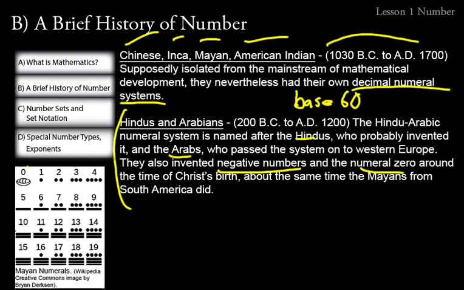Here we can see it in the Mayan system, who, even though they were a continent away, developed the number 0 about the same time as the Hindus and Arabs did, and all of that was around the time of Christ's birth. I just think that's interesting that that happened there. I'm not saying there's some relevance to that, just that it's an interesting correlation between those.